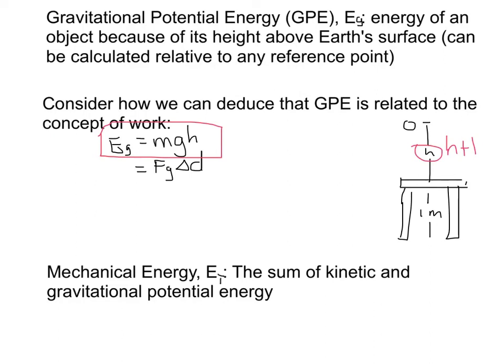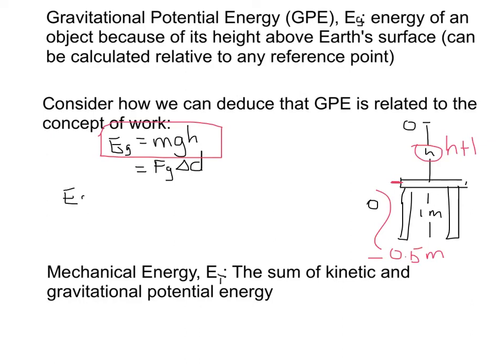But we could also have an object that's below the surface of the table. And if we're using this as our reference level, now we're having a negative height. So let's say here that we've got negative 0.5 meters, so it's kind of halfway below. So that means when we do our GPE, we're going to end up with a negative value, because you're going to plug in a negative h, and then your m and g are positive. So we'll end up with a negative EG.